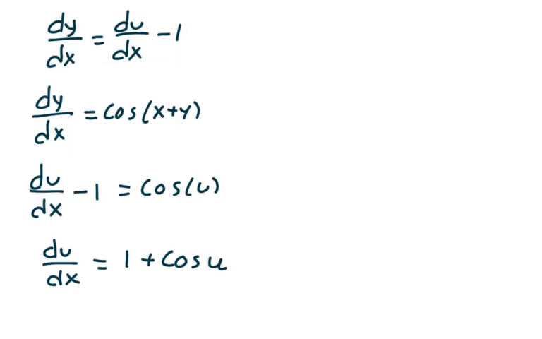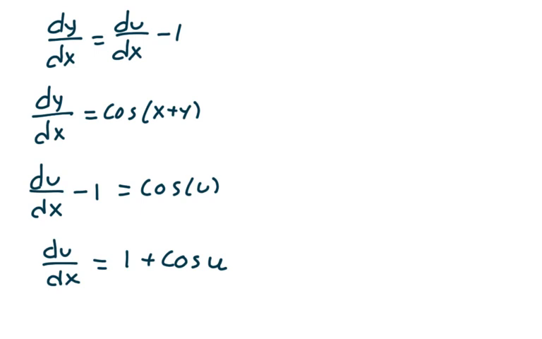And when I do, I get dy/dx is equal to du/dx minus 1. And so remember that dy/dx is cosine of x plus y. Making my substitution, I get du/dx minus 1 is cosine of u. And then adding 1 to both sides, I get du/dx is 1 plus cosine of u, right?